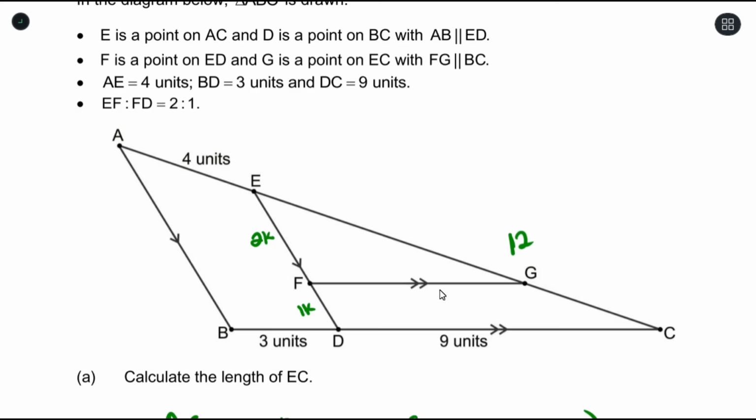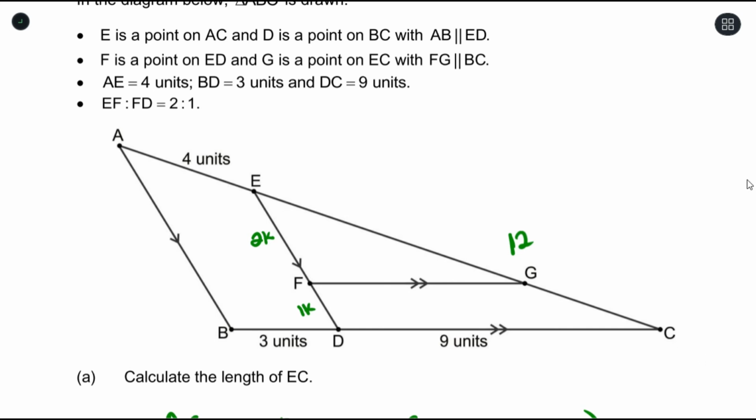For B, it says calculate the length of FG. To find FG, we need to use similarities. I'm going to focus on two triangles, EFG and EDC. Triangle EFG and triangle EDC are similar to one another.